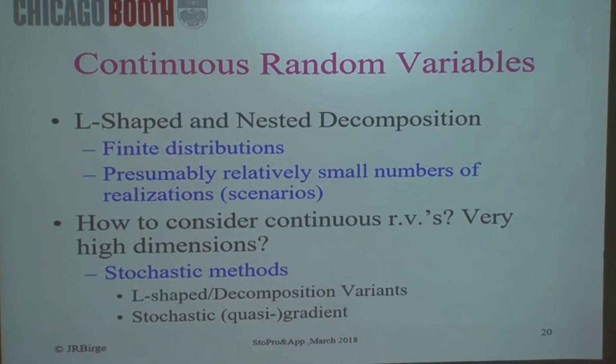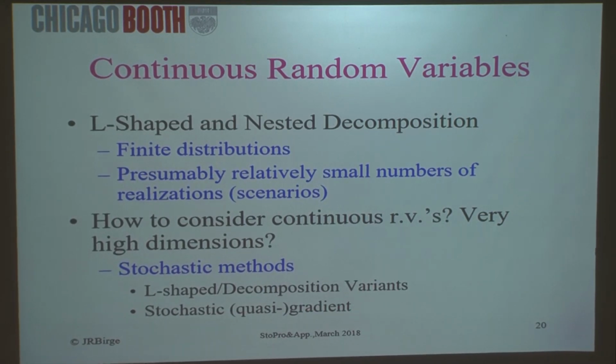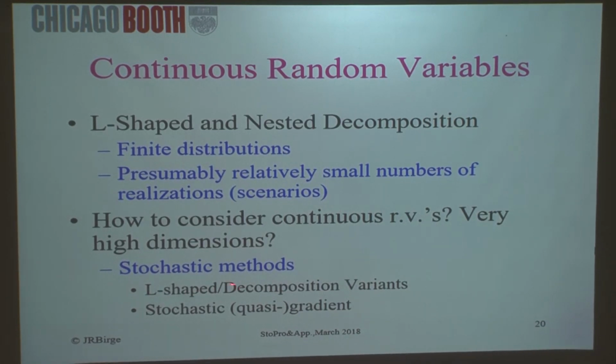For continuous random variables, for most decomposition methods, we assume finite distributions. But for continuous random variables, we can try something that's stochastic. So I'll mention one thing. I'm going to do more tomorrow on Monte Carlo methods, but I'll mention some methods where you use decomposition.